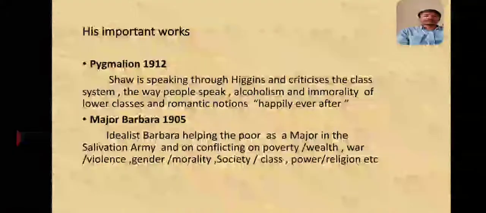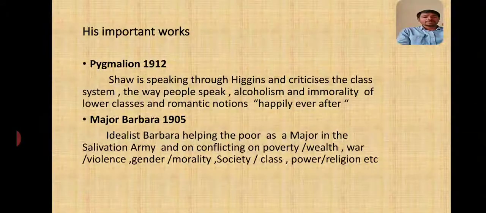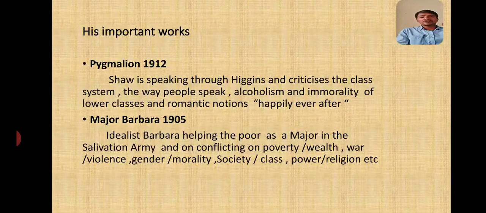His important works: the first one, Pygmalion, 1912. Here, George Bernard Shaw speaks about Higgins and criticizes the class system, the way people speak, the alcoholism and immorality of the lower classes, and romantic notions of happily ever after.